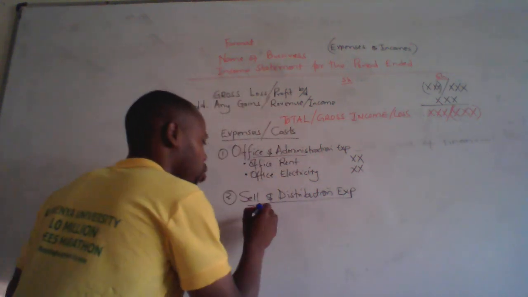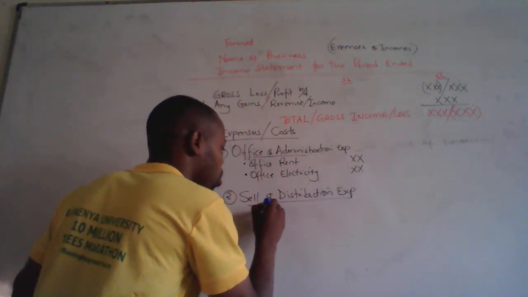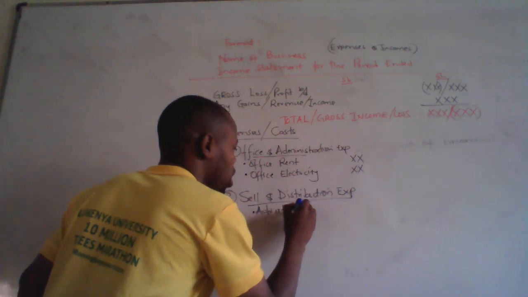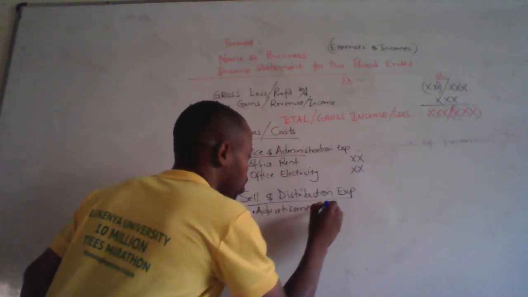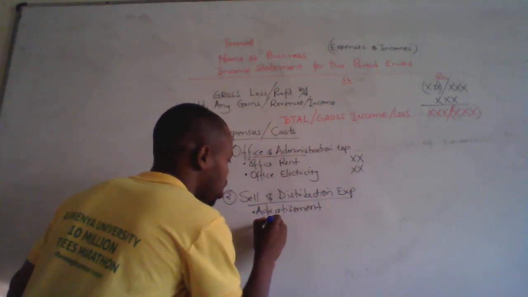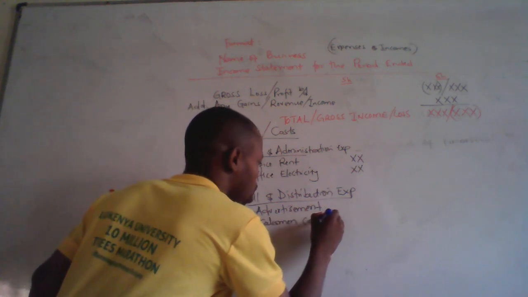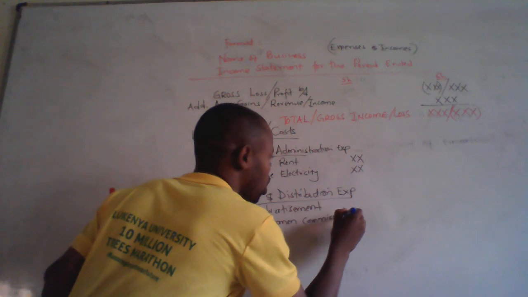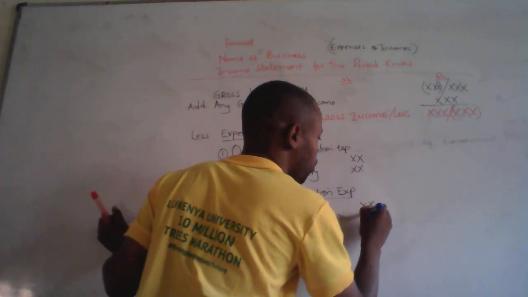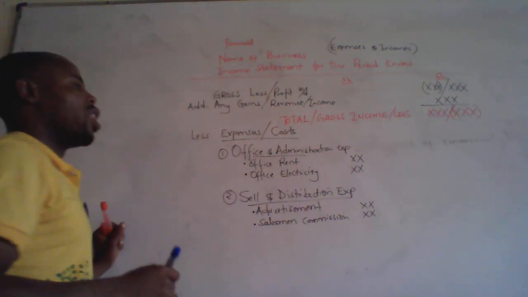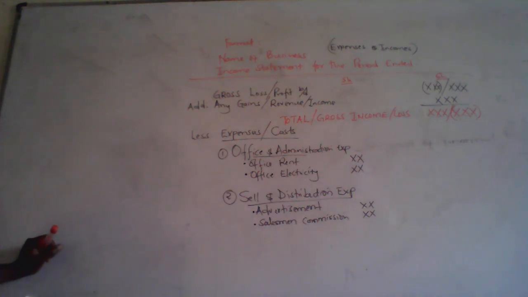We have a number of them. Just examples of them, we can have advertisement, and we can have salesman commission. These are just a few examples of the selling and distribution expenses.